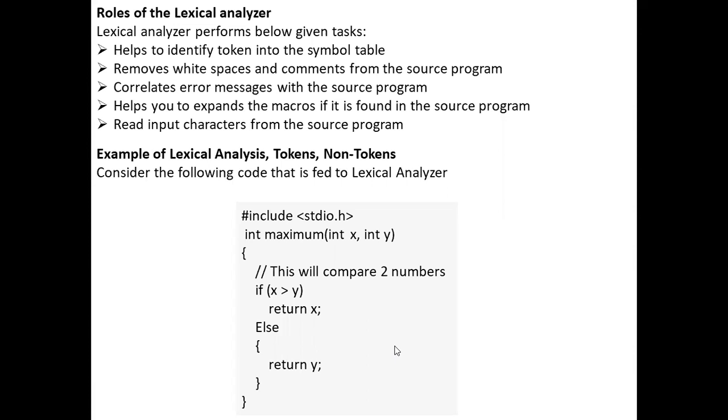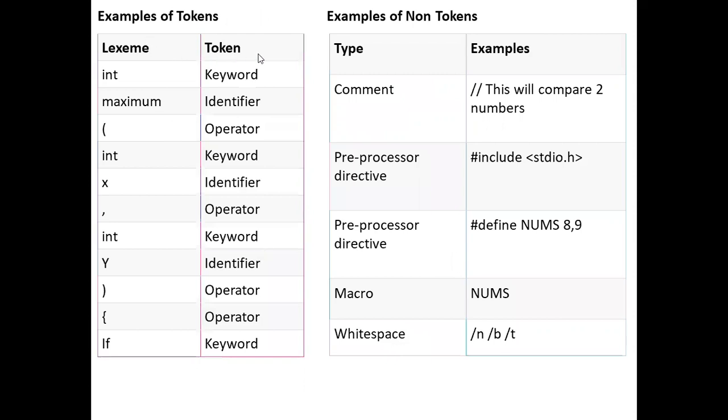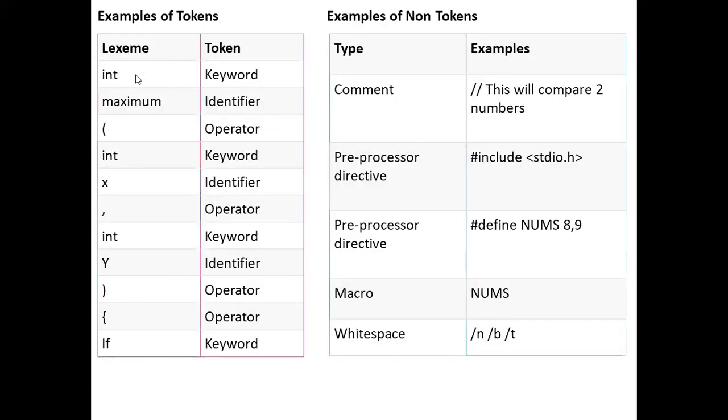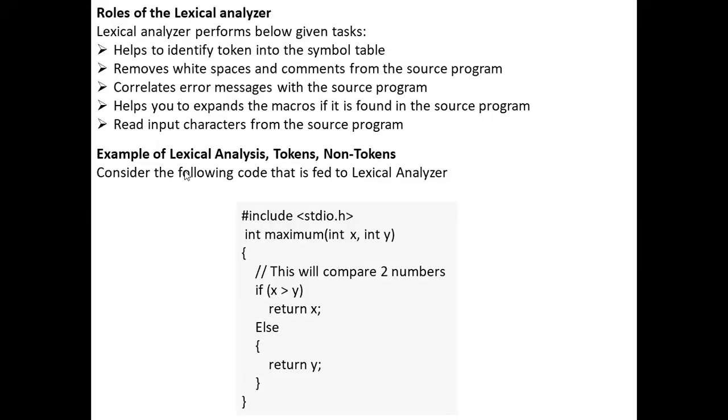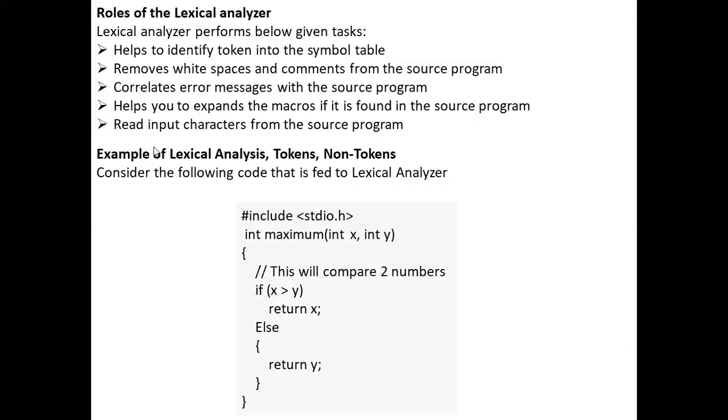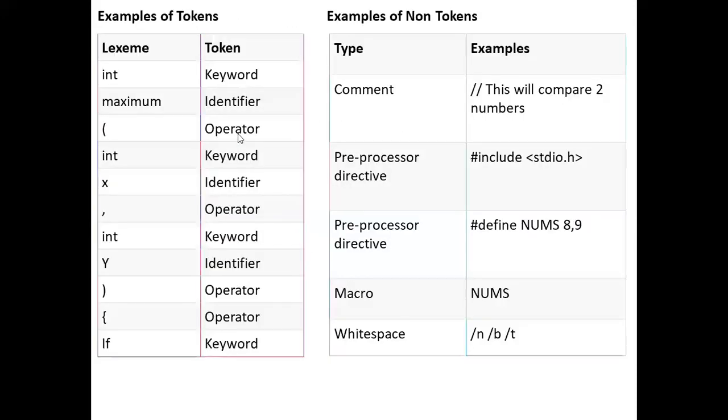So first we find the tokens and token types, right? So this is a table of lexemes and tokens. Simple. int is a keyword, so int is a keyword token. Next, maximum. Maximum is an identifier because you define a function and use that particular name. Now, open bracket, close bracket, these are operators.